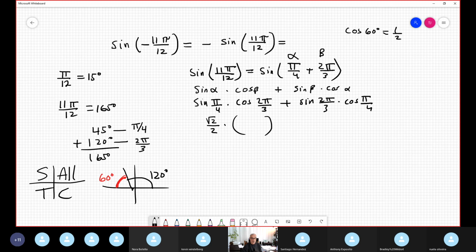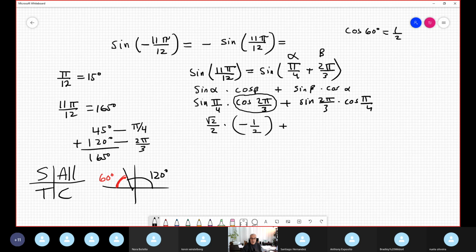Ajá, so cosine is positive or negative? This cosine in the second quadrant is positive or negative? Negative. What value? Negative 1/2. Exactly.